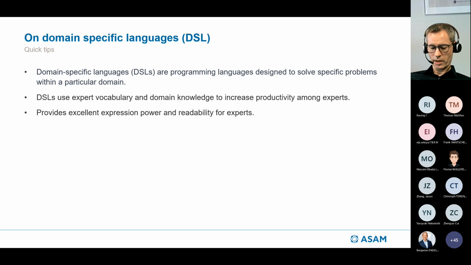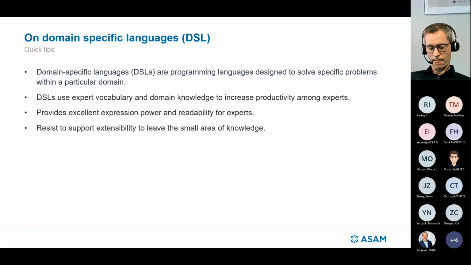So human readability is a big factor in DSLs. Writing these kinds of small programs is really in the scope of the domain, which means that really having editors and tool support for these languages is essential.